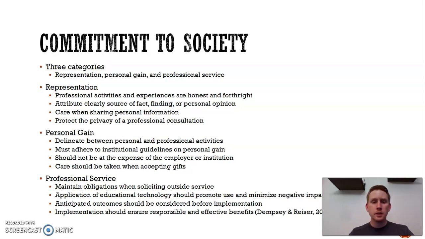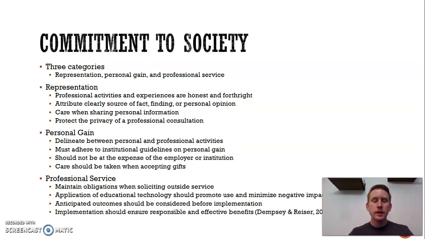Care must always be taken when sharing personal information, and any personal information should not be shared to anyone not participating in the design process. It also protects the privacy of a professional consultation so that the information shared stays between the researcher and the client.